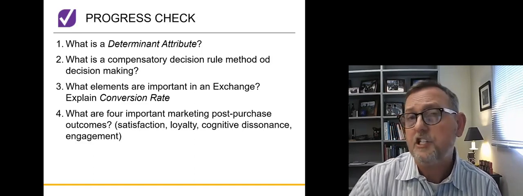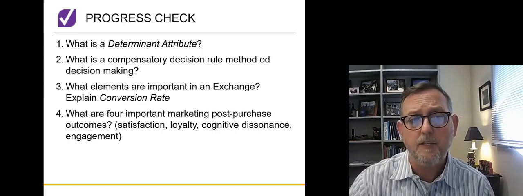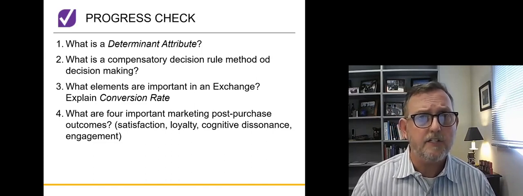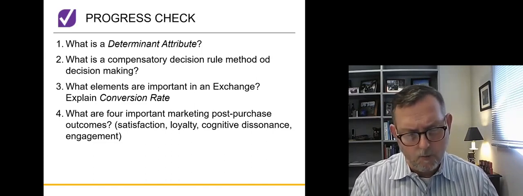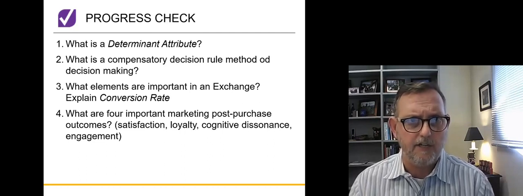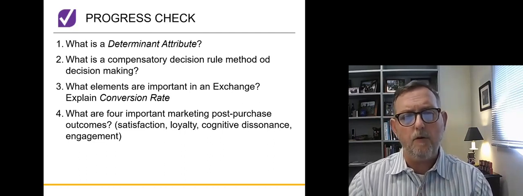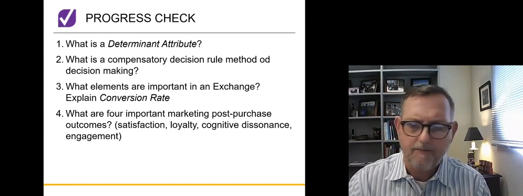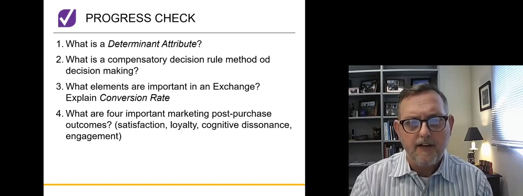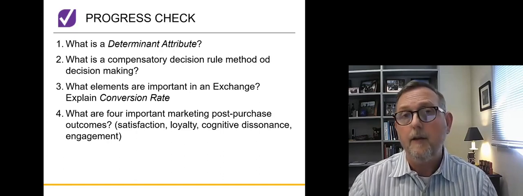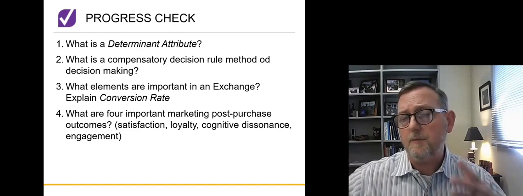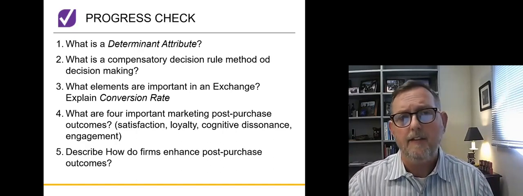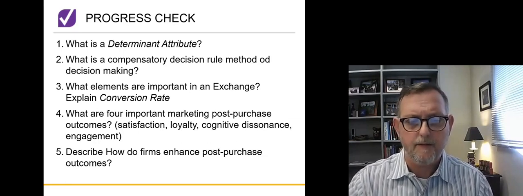Okay, talked about the elements of an exchange, what exchange happens, and we talked about conversion rates as a result of people not abandoning their carts and being motivated to go from wanting to buy to actually buying. That's a conversion. Okay, we talked about 4 post-purchase attitudes or expressions that happen: satisfaction, customer satisfaction, loyalty, cognitive dissonance, which is this difference between kind of emotions of an ideal state versus a current state, and then engagement.